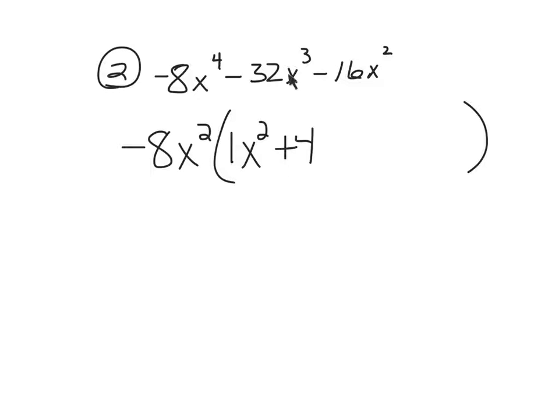I have 3 x's here, taking 2 of them away, which means I only have 1 left. And finally, negative 16 divided by negative 8 is positive 2. I had 2 x's here, I took those 2 x's away, so I don't have any x's anymore. So my final simplification here is negative 8 x squared times the quantity 1x squared plus 4x plus 2.